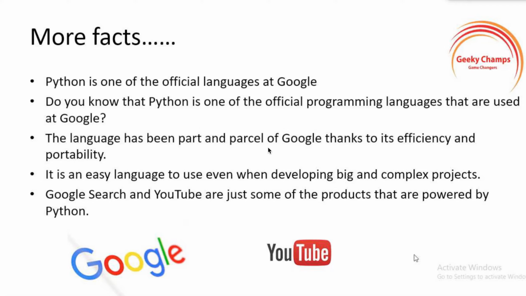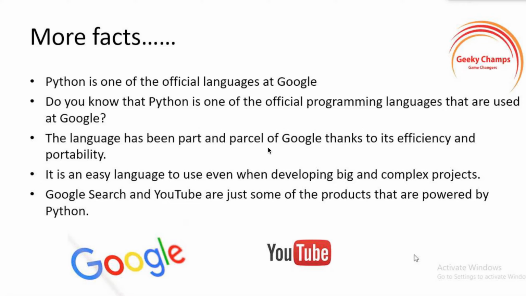Now Google you can call a search engine. The application, the program which is searching for a particular entity, is called a search engine, right? So Google is a search engine. On YouTube, you can see movies, some educational videos, everything is available.